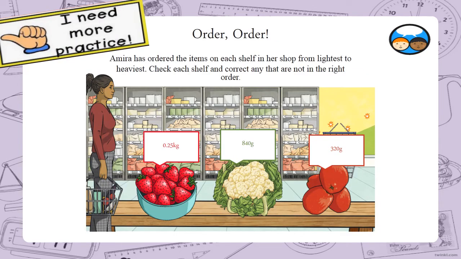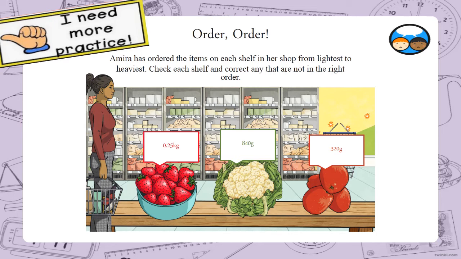Now let's practice. Amira has ordered the items on each shelf in her shop from lightest to heaviest. We want to check each shelf and correct any that are not in the right order. So here on this shelf we can see strawberries, cauliflower and apples.